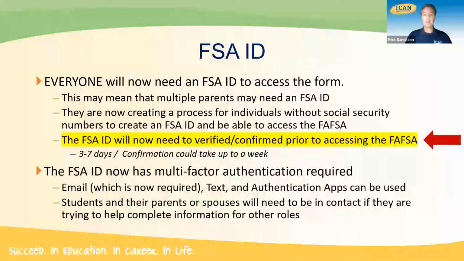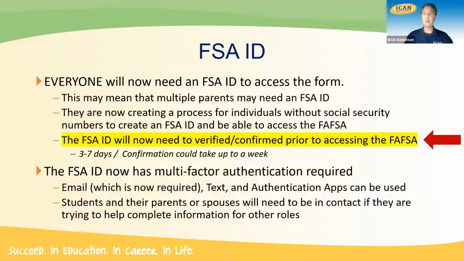Students and parents or spouses will need to be in contact if they're trying to help to complete information for the other roles. I just want to put out that with the FAFSA form this upcoming year, it's not going to be just one complete form going all the way through. They're actually breaking it up into segments for what they call contributors: the student contributor and the parent or parents, if a two-parent household, might be contributing.